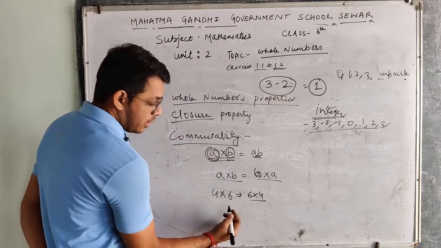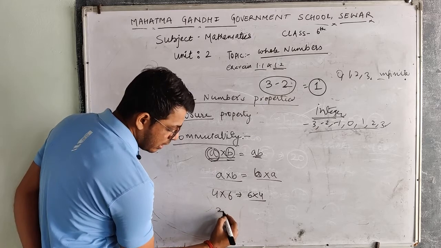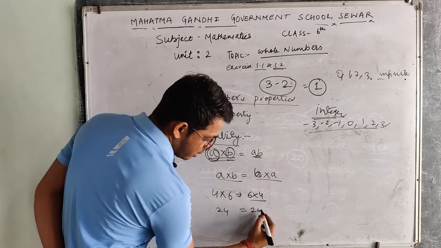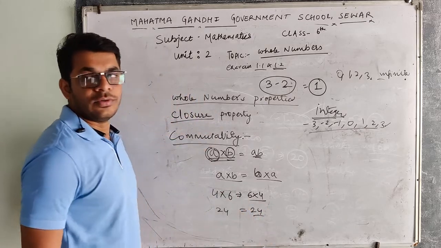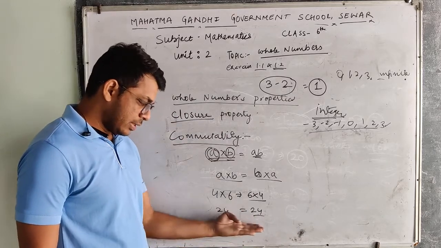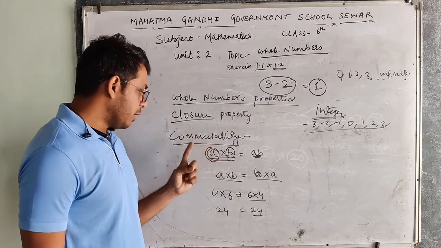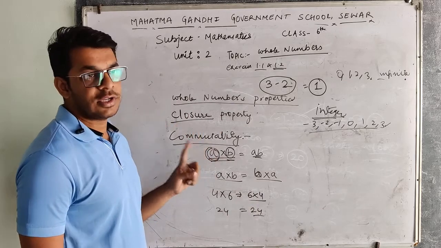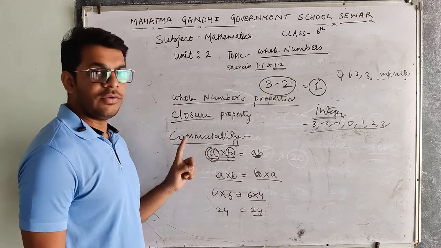How? If we multiply them, the result is 24, and also for 6 into 4, the result is the same. It means both are the same. So in multiplication, whole numbers follow the property of commutativity.